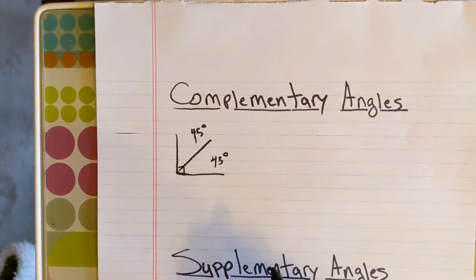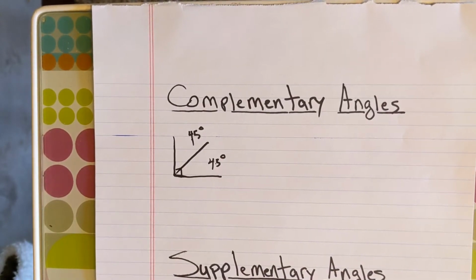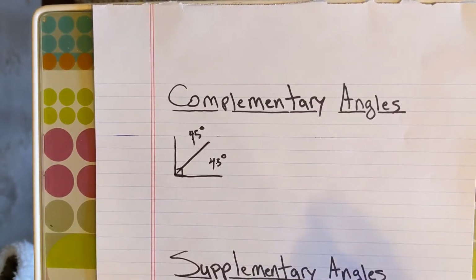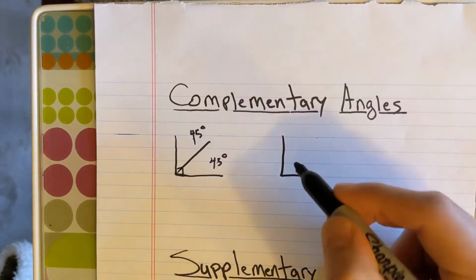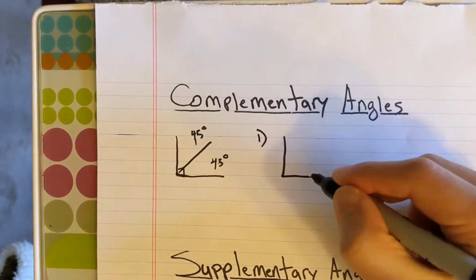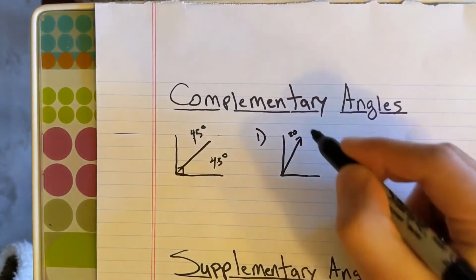They complement each other. So going ahead and looking at lesson 1.3t, on our number 1, we have a question here with a similar looking graph. We have a very tall line going up here with a 20 degree angle.